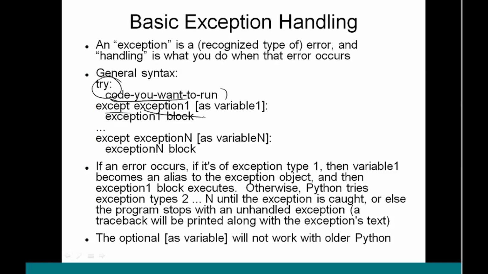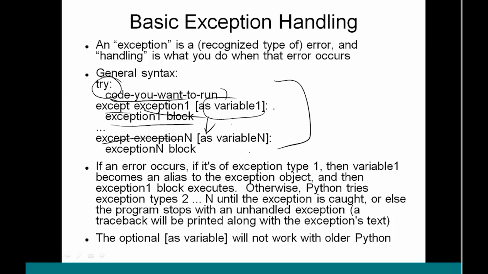So exception 1, and if it is exception 1, what is the block of code, then we do exception 2, and then what do we do, all the way up to the last exception, exception n, and then we specify that as variable 1. Essentially this is the general syntax of exception handling.